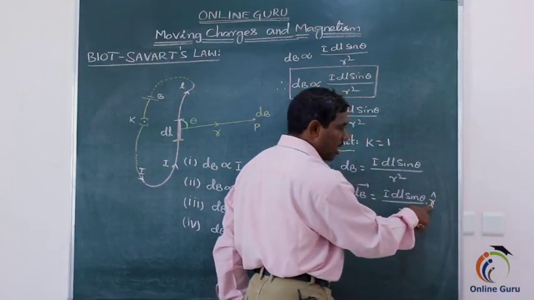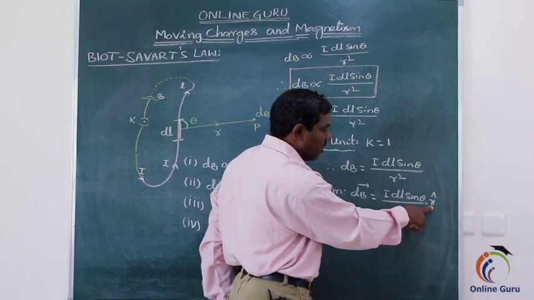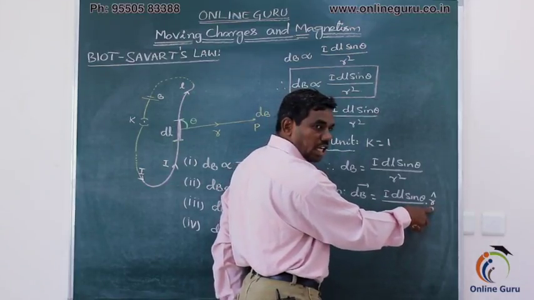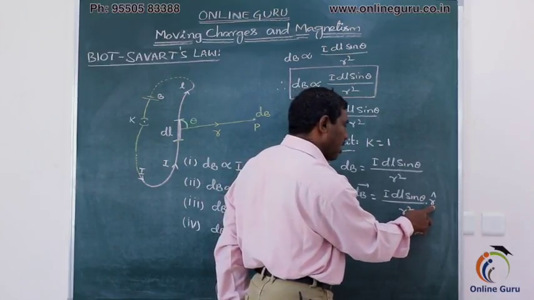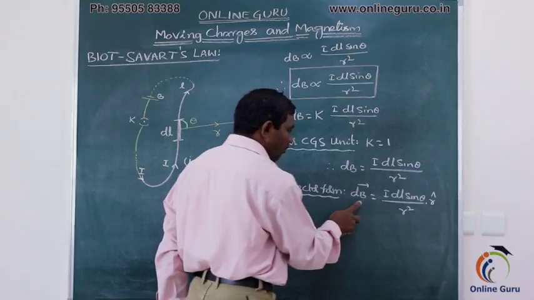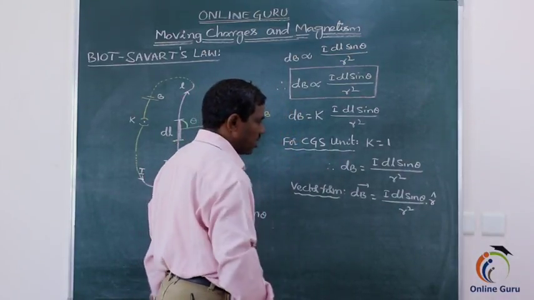Here r cap is the unit vector. A vector whose magnitude is equal to 1 is said to be a unit vector. Here the unit vector is r cap. This is the vector form for Biot-Savart's law in the CGS system.